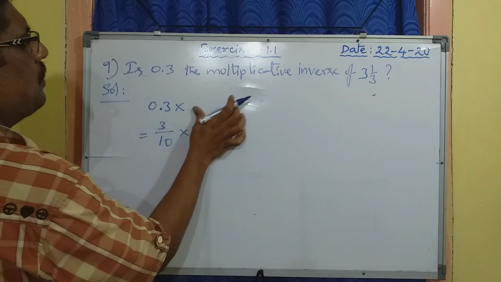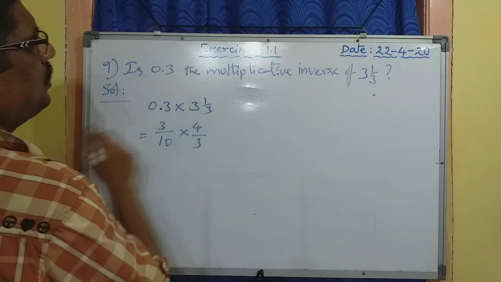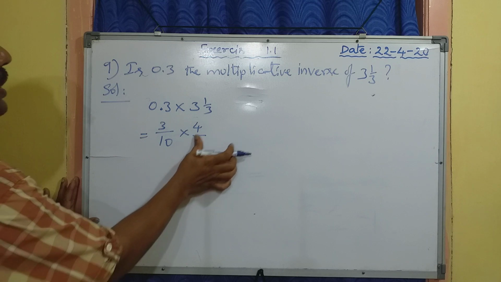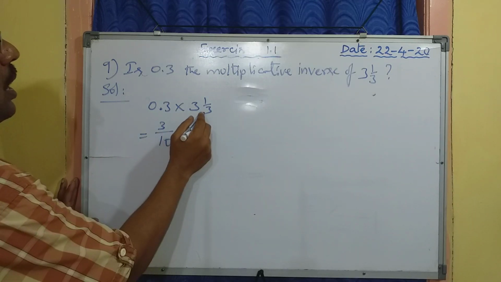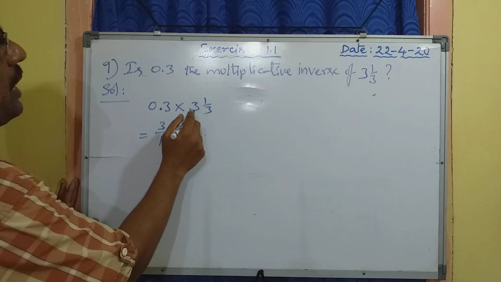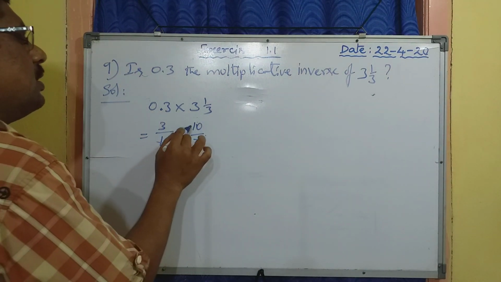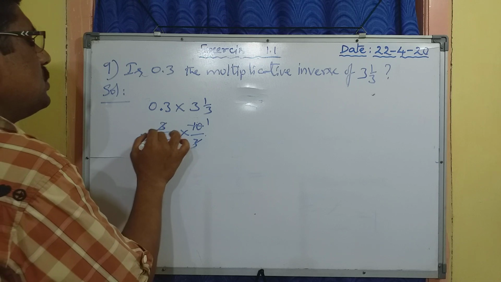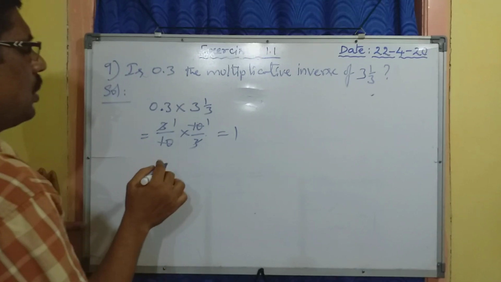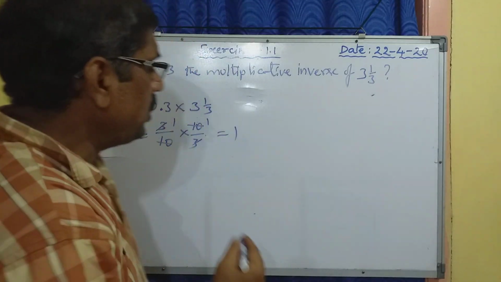So let us multiply 0.3 into 3 1 by 3. Now 0.3 can be written as 3 by 10, and 3 1 by 3 is 3 threes are 9, plus 1, 10 by 3. Now we can cancel 10 in the numerator and denominator, and 3 with 3. 1 into 1 is 1. The product is 1. Then what can you say?